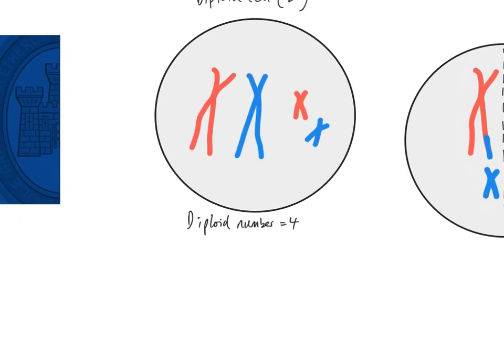Okay, here I have a pair of chromosomes. So what kind of pair of chromosomes are these? Well, they're the same size, and if I looked at them genetically, they carry the same genes. So these are a homologous pair.